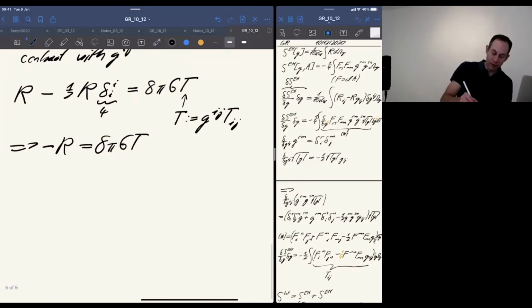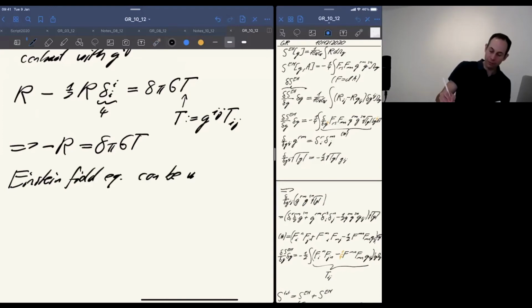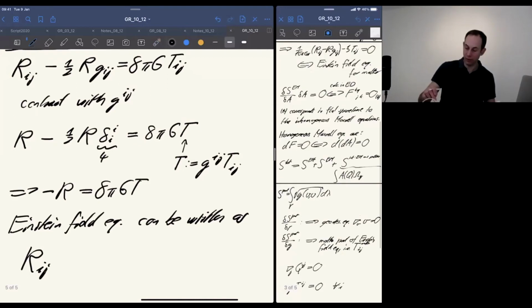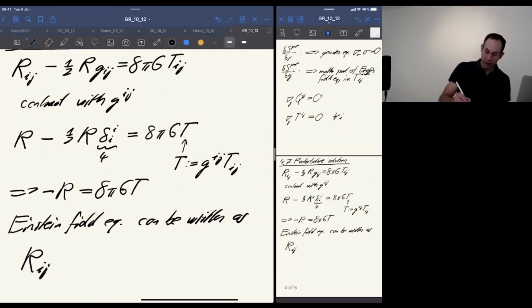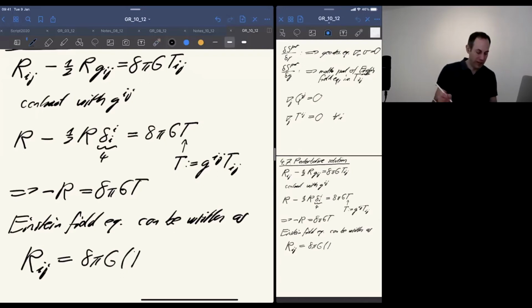So therefore, I can rewrite the Einstein field equations as follows. I only have R_{ij} left on the left-hand side. Let me scroll so that you see everything. And then on the right-hand side, I still have, of course, the factor 8πG, and then whatever was there before, T_{ij}.